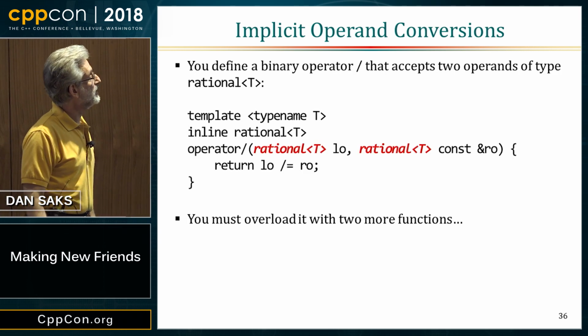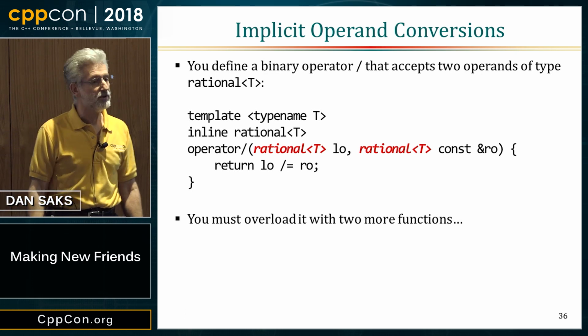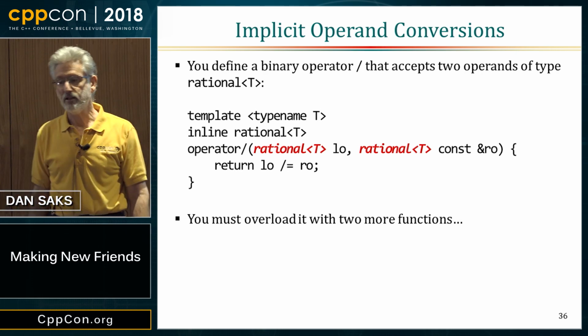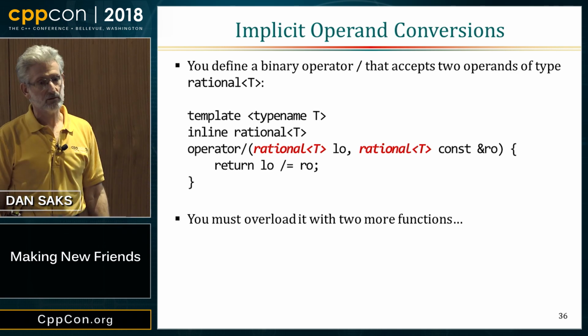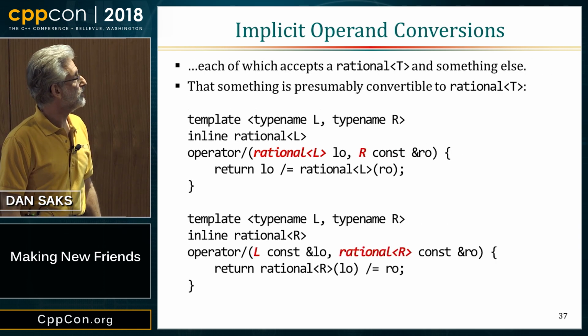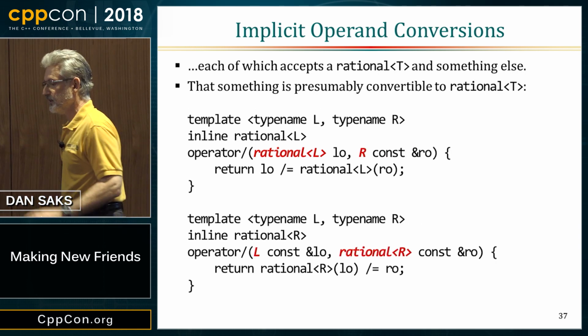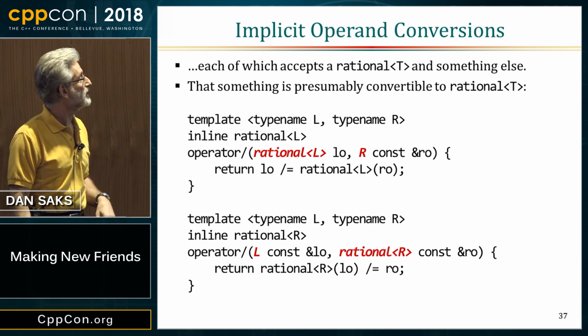But here's an alternative: in addition to implementing a divide operator that takes 2 rationals specialized for type T, why don't I overload it with a couple other functions that will be more flexible in their matching. Notice the differences.